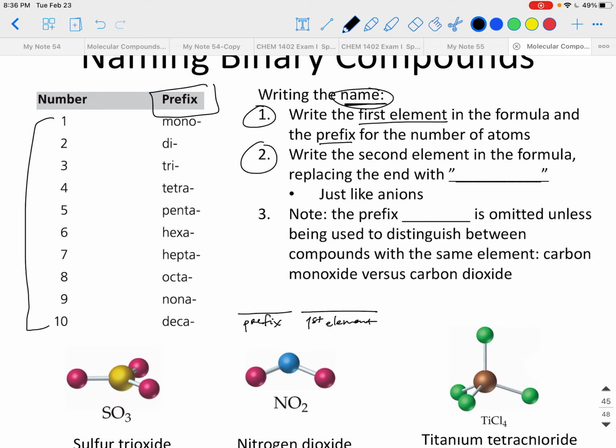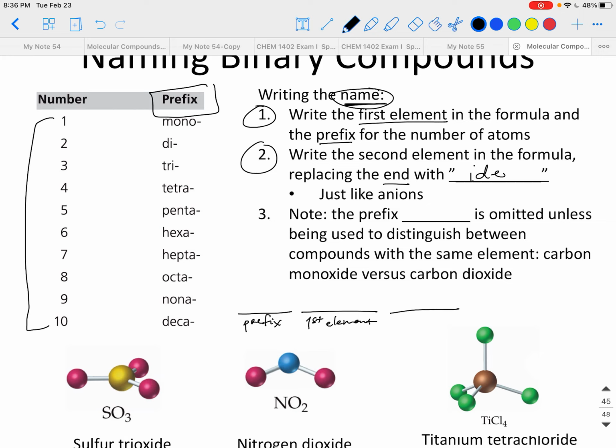Okay, then second, you're going to write the second element in the formula, and you're going to replace the ending with IDE. That sounds familiar, right? That's how we named anions. Okay, and then you're also going to be writing, it's not written in here, but you should also be writing the prefix for that as well.